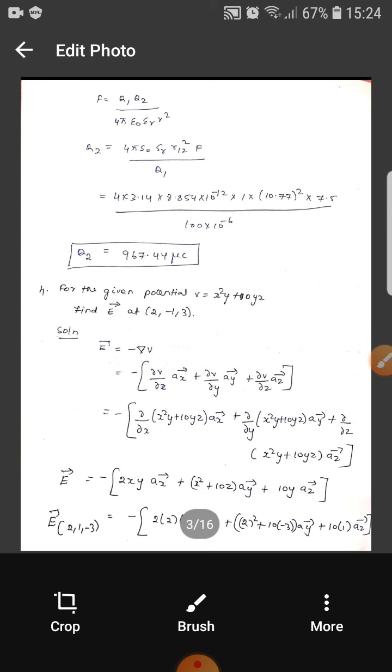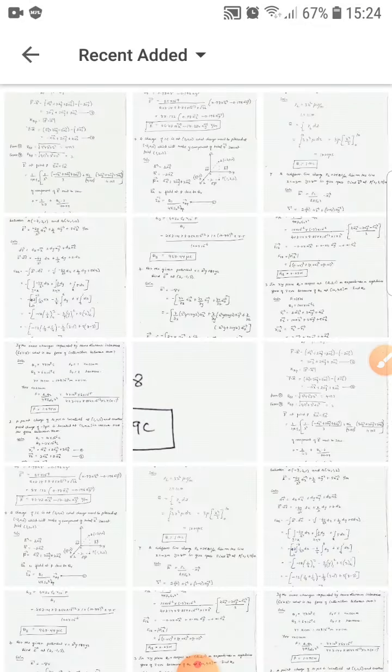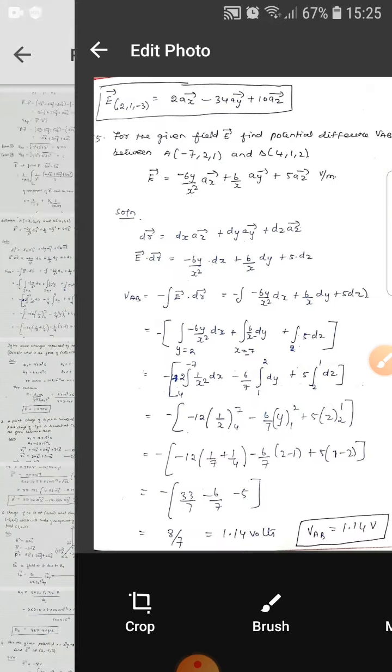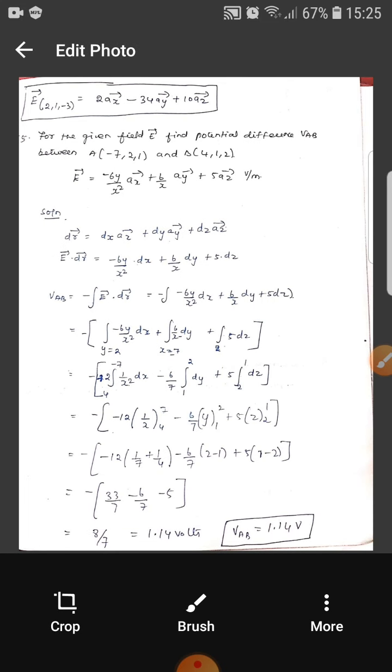Next, substituting the point 2 comma 1 comma minus 3, you are going to find the electric field. So E at 2 comma 1 comma minus 3: you will be substituting x is equal to 2, y is equal to 1, and z is equal to minus 3, and the above expression will change into 2ax minus 34ay plus 10az.